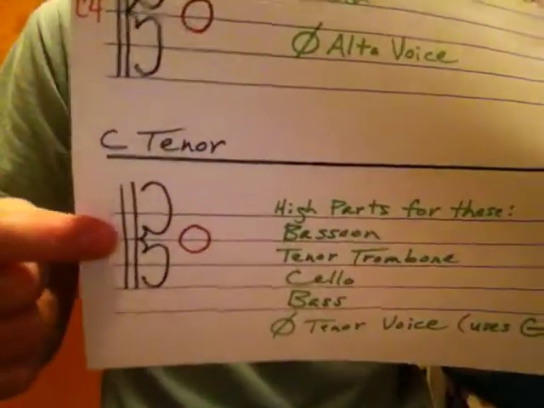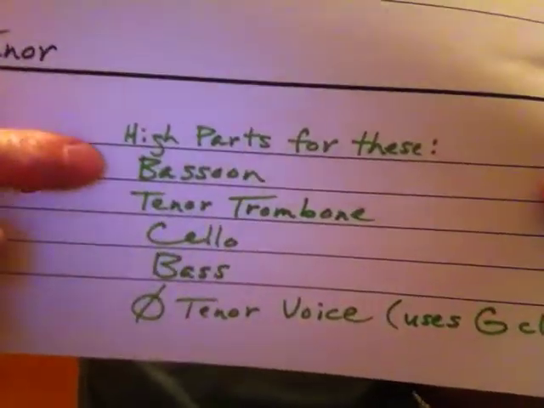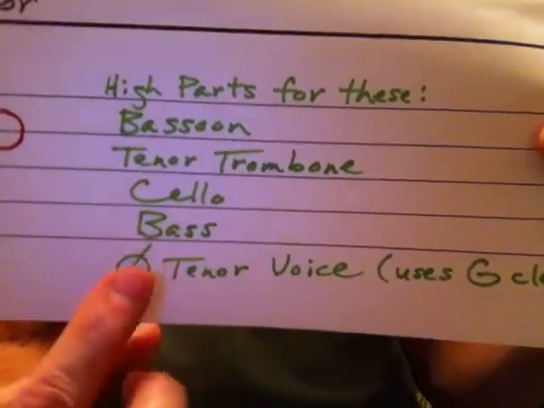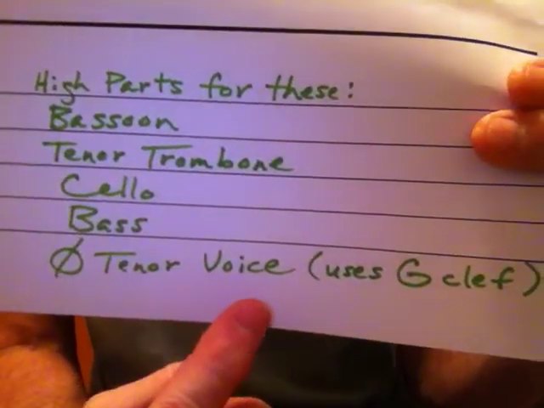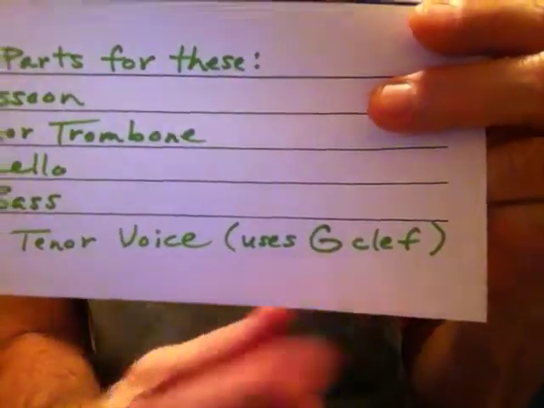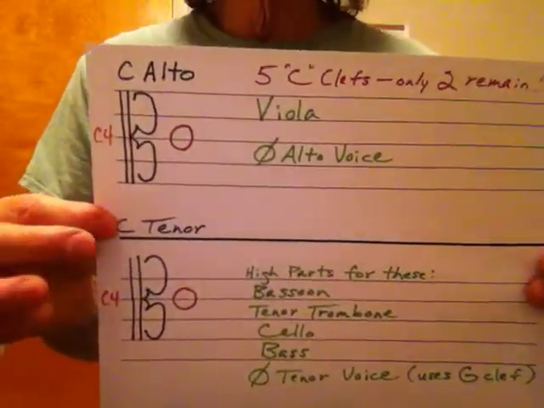But this clef is presently used only for high parts written for the bassoon, tenor trombone, cello, and bass. It's not even used for tenor voice, in other words, voice parts, singing. They use the treble or the G clef. So these were the 2 remaining C clefs. You might see them out there somewhere. So I got rid of all of them.